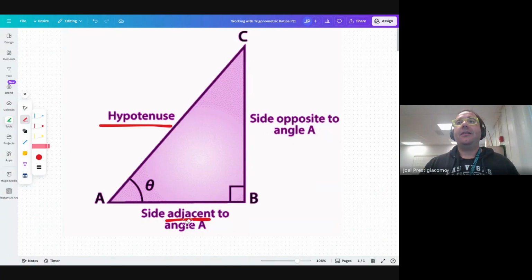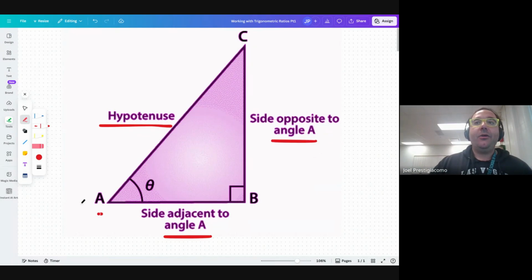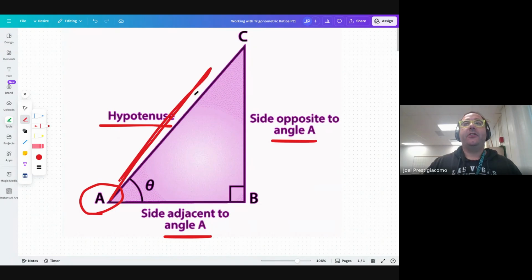So in this case, this picture here is describing everything based off of the vantage point of angle A. So from angle A's perspective, this side here, AB, is adjacent, meaning next to. Now you may say, well, the hypotenuse is also adjacent.